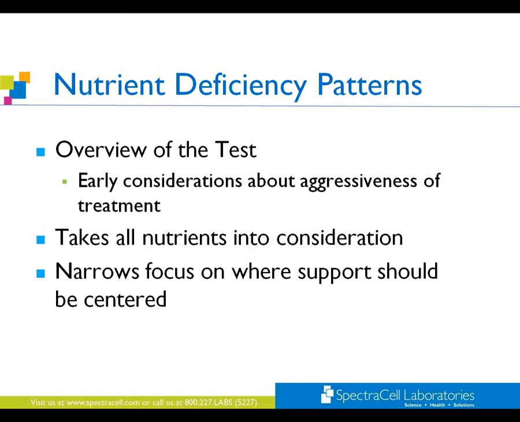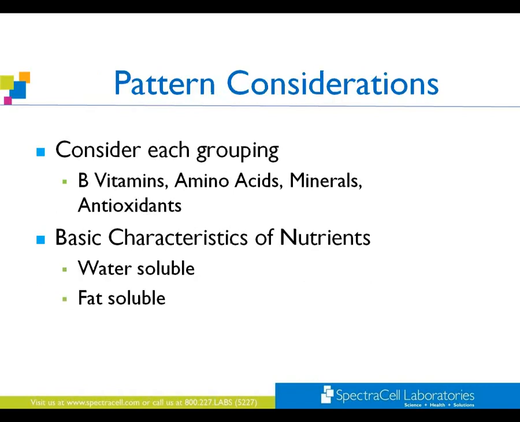And when we get these reports back, you sit down with the patient and look at all these nutrients together. It begins to help you tie in some of these loose ends that the patient may be complaining about. Some of these symptoms you're thinking, well, gosh, I don't really know how that's related to their primary complaint, but now you look at these micronutrient reports in their totality, and it may answer some of those questions for you. And of course, it begins to narrow the focus on where support should be centered.